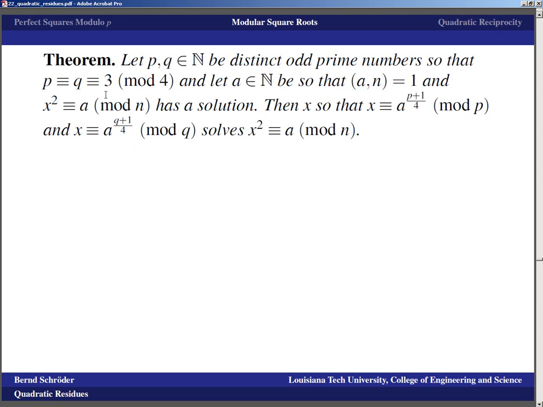And the reason why we need the equivalence to 3 modulo 4 is to make sure that this exponent here is an integer in each case.